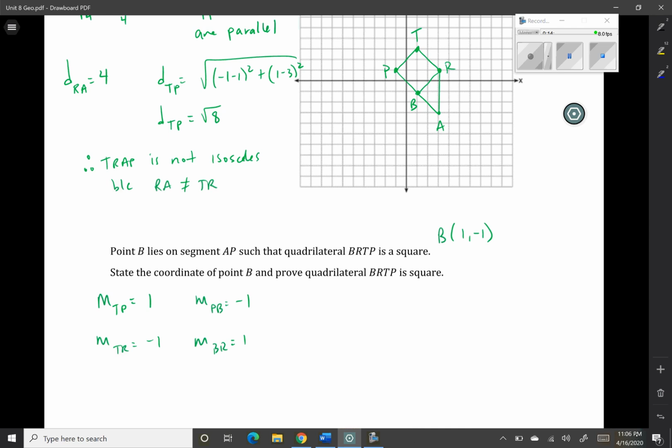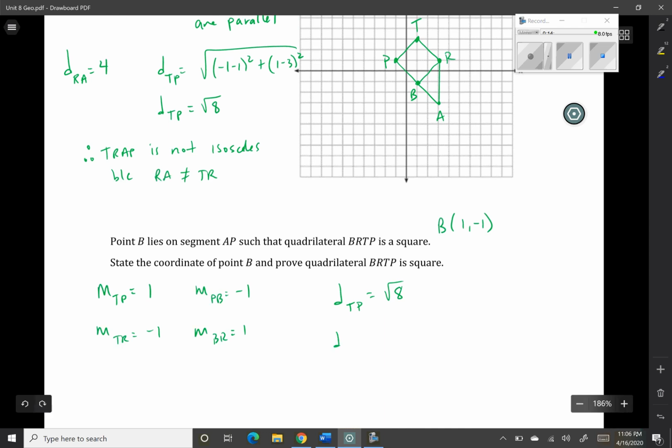The other work I need to show is I need to pick 2 consecutive sides. It does not matter which ones. So I'll say TP, since I already found the distance of that one, and another side, let's say TR. I already found the distance of TP here, so I could just bring that piece down. Let's not do more work than we have to.